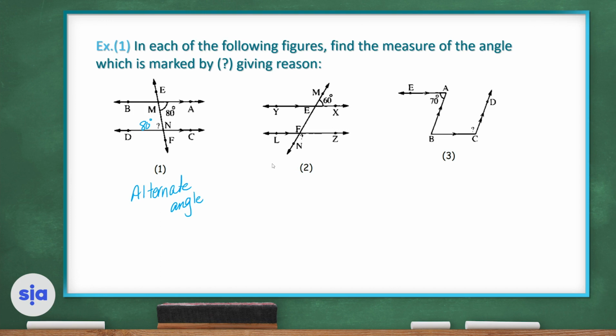For question 2, as you can see here, this angle that has the question mark is corresponding to this angle. So the measure of angle EFZ is equal to 60 degrees as its corresponding angle.